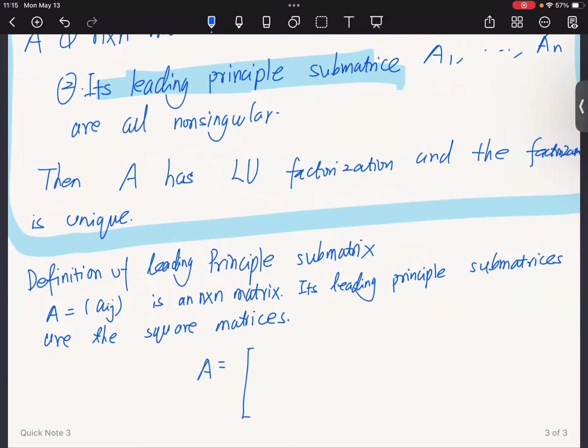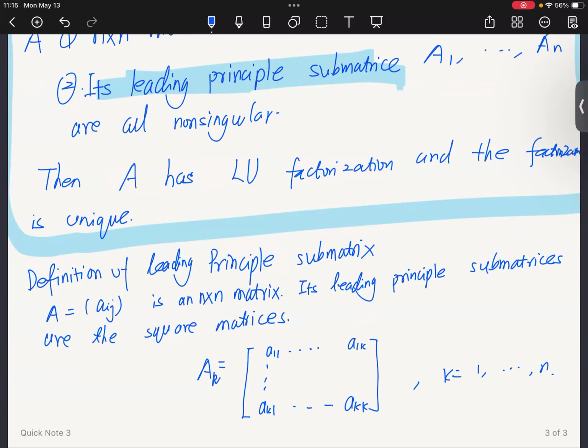Here we have the subscript K, A_K, with A11 to A1K, and AK1 to AKK. And this is the K submatrix, where K can be 1 to n.